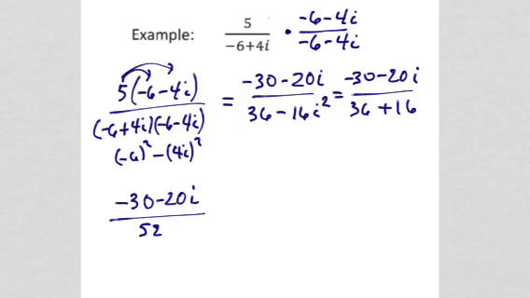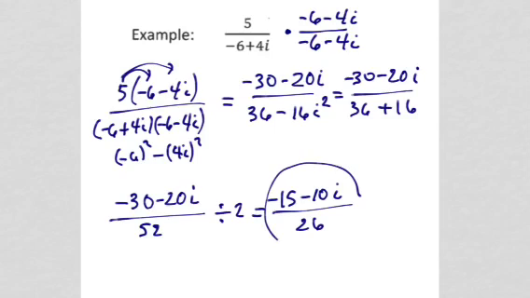I've done all the cleanup, and the denominator no longer has the i, so that's good. I just need to make sure my fractions are reduced. I see only even numbers here, so I'm going to divide everything by 2. I get negative 15 minus 10i over 26. There is nothing that goes into 26, 10, and 15, so I am finished.